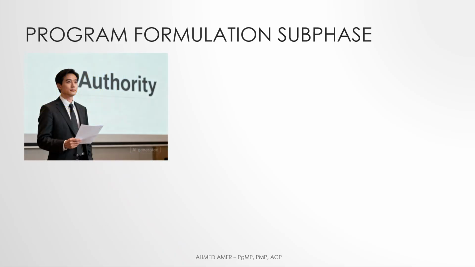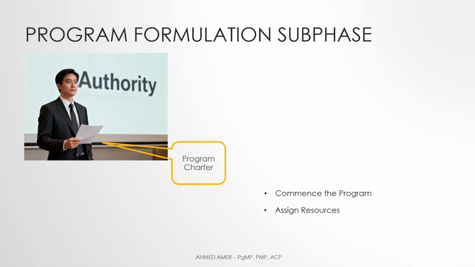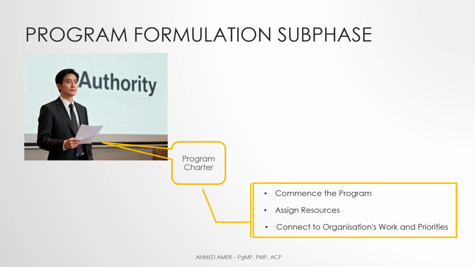The document that gives the program managers the authority to commence their program is the program charter. It also provides program managers with the authority to allocate organizational resources to program phases and connect the program to the organization's ongoing work and strategic priorities.